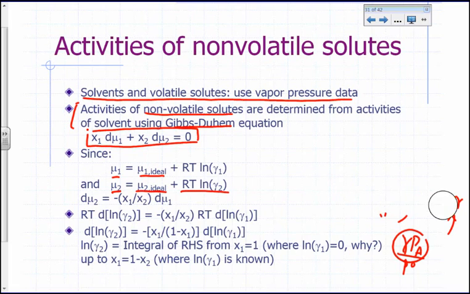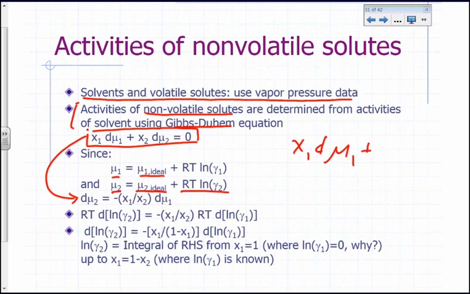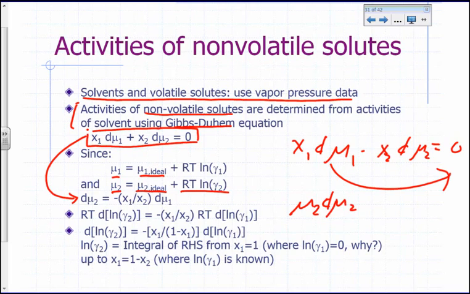Given the Gibbs-Duhem equation, we can rewrite it and solve for d mu 2. We have x1 d mu 1 plus x2 d mu 2 equals 0, so we move this over to the right, which gives x2 d mu 2 equal to negative x1 d mu 1.